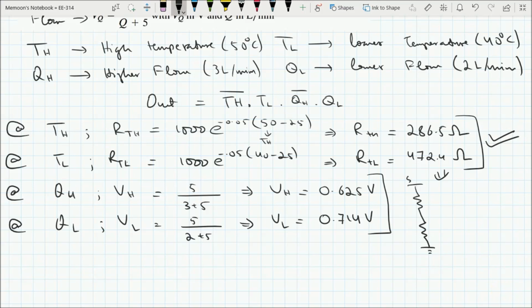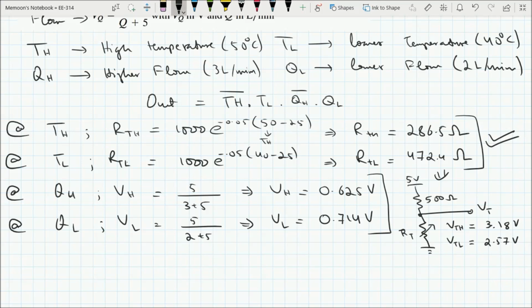Let's power it up with a 5 volt supply. Keep the fixed resistance R at 500 ohms, and here this is your temperature sensor RT, and this is your VT. So this gives us VTH for temperature sensor equal to 3.18 volts, and VTL for the lower value of temperature equal to 2.57 volts.